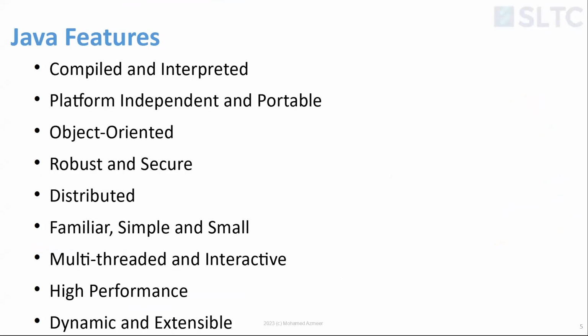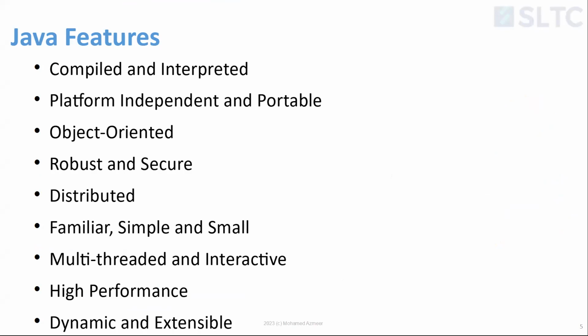So what do we get from Java? What are the features of Java language? Now, some of them are unique to Java, but most of them are not unique to Java. It's also common among other programming languages like C++, for example. So number one is somewhat unique to Java, compiled and interpreted.